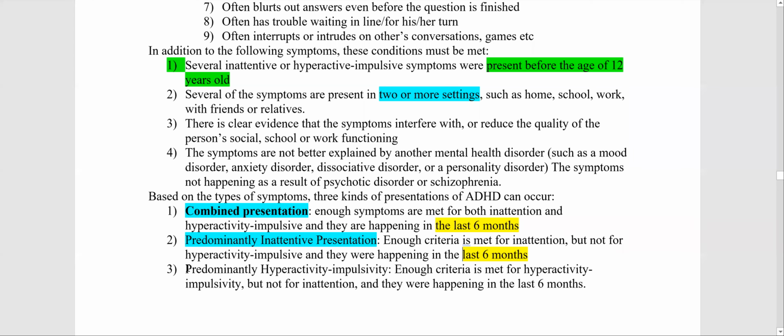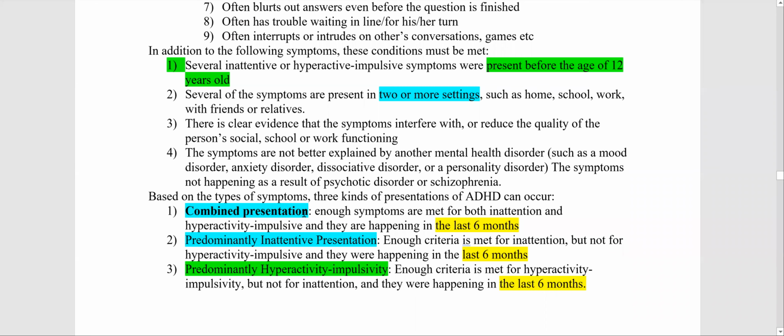And the predominantly hyperactive-impulsive presentation, we are going to be looking at enough criteria for hyperactivity and impulsivity, but not for inattention, 6 or more for 16 and younger, or 5 or more for 17 and older and adults. And the criteria is the same for 6 months or longer.